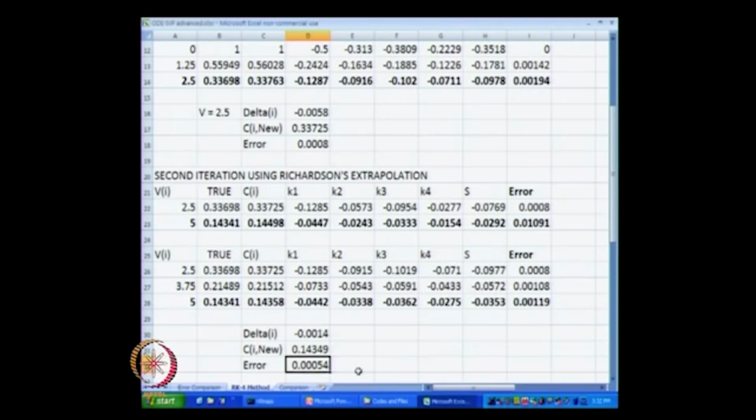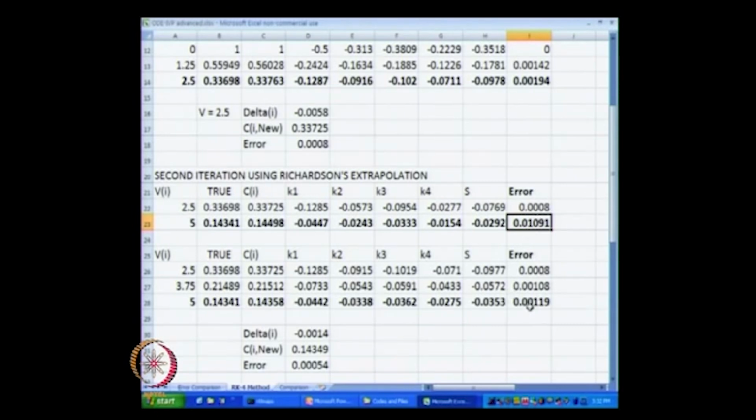As you can see, again the error for the Richardson's extrapolation method is 5 into 10 to the power minus 4, whereas the error using the two steps of RK4 method was 1 e minus 3, whereas using single step of RK4 method was 1 e minus 2, okay.